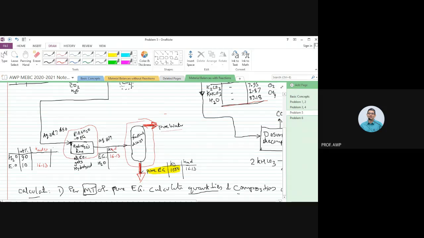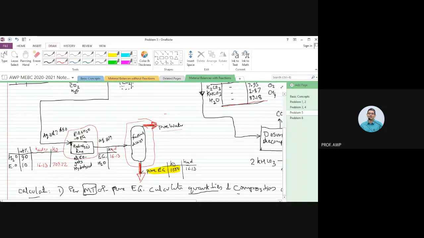In kgs, that is 709.72. The molecular weight is 44.